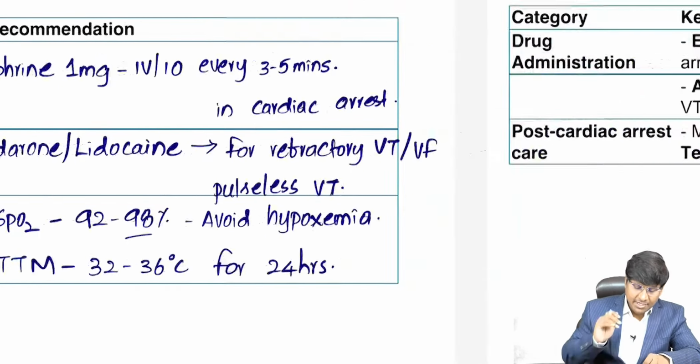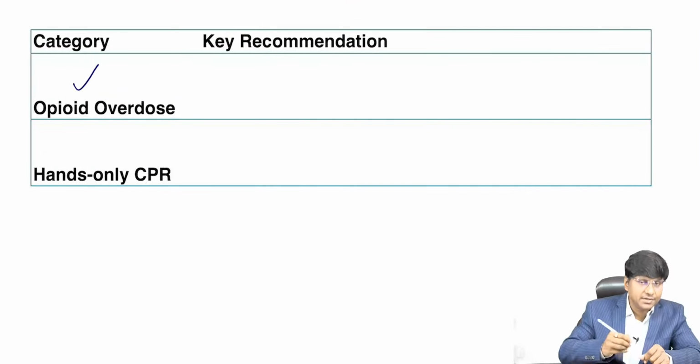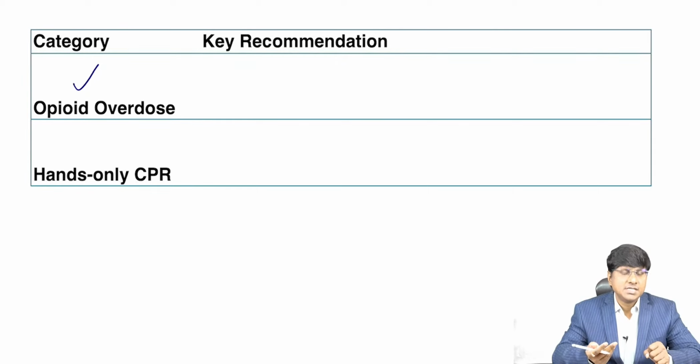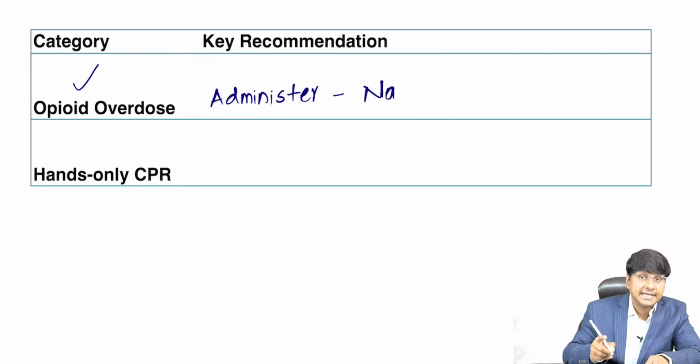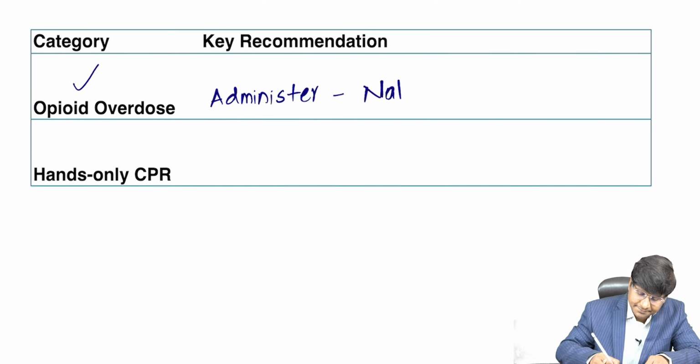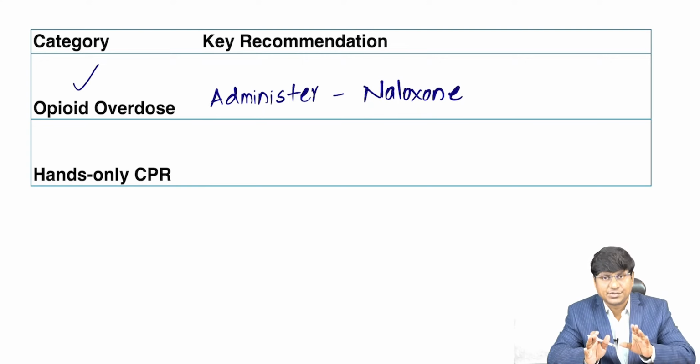Now what about the role of the opioid? Suppose the individual is in a state of opioid overdose, then in such a case you need to administer the opioid antagonist, naloxone.